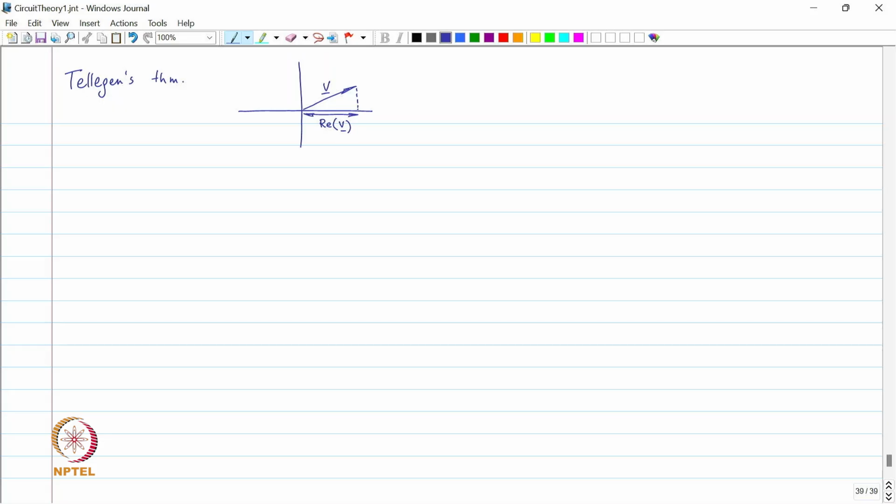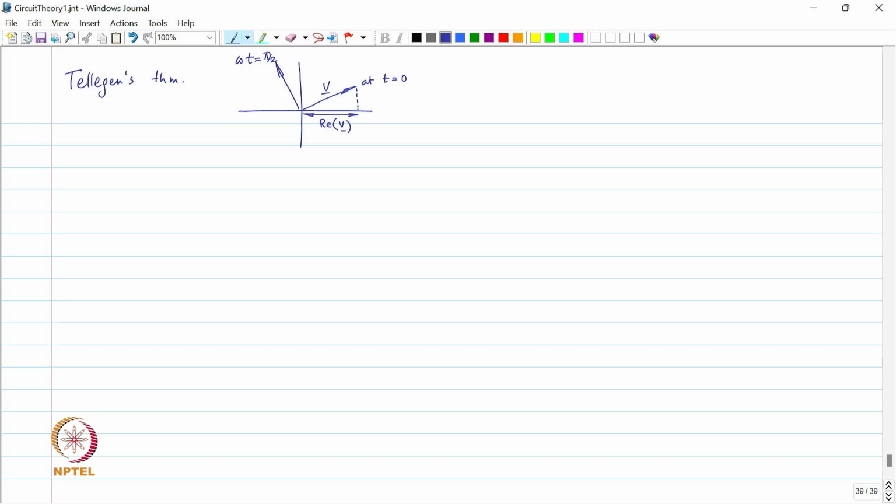Now, this rotates, let us say by 90 degrees. So, whenever you have a phasor, the actual voltage at t equal to 0 is just the real part of the phasor.